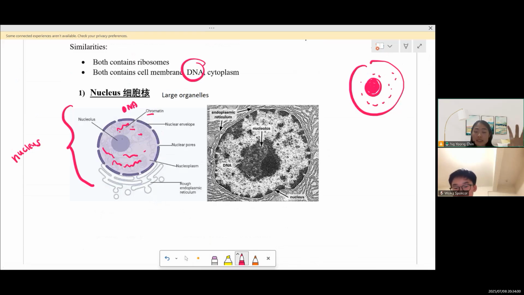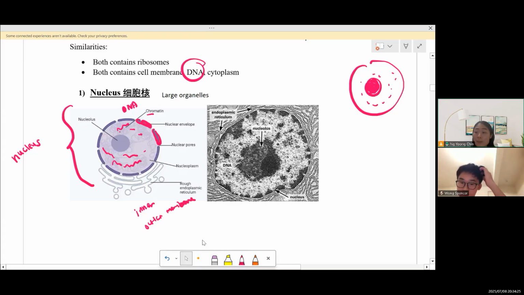And also, the nucleus itself has double membranes. You can see like this. Double membranes means they have two layers of membrane: one is the inner membrane, another is the outer membrane.